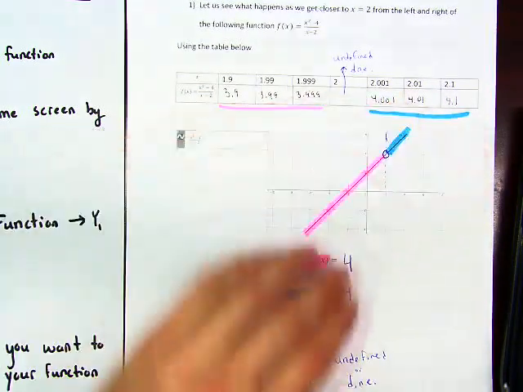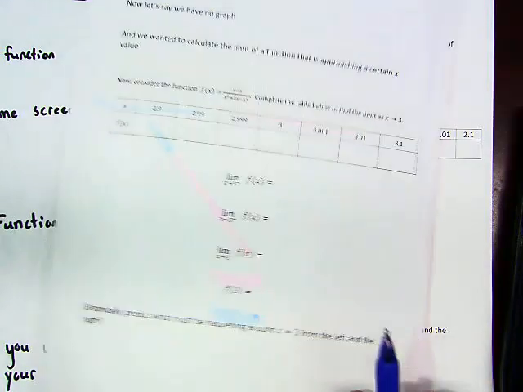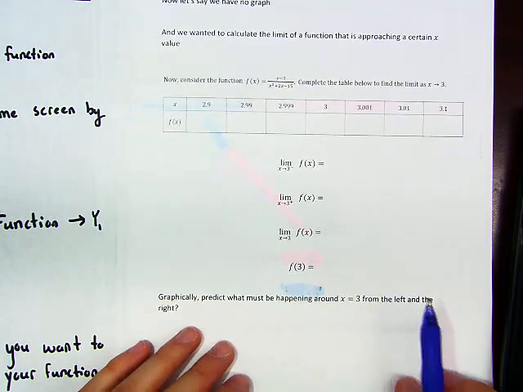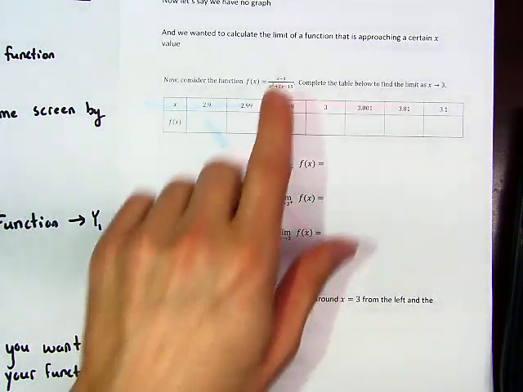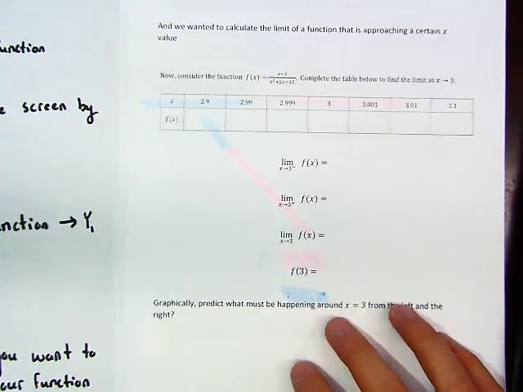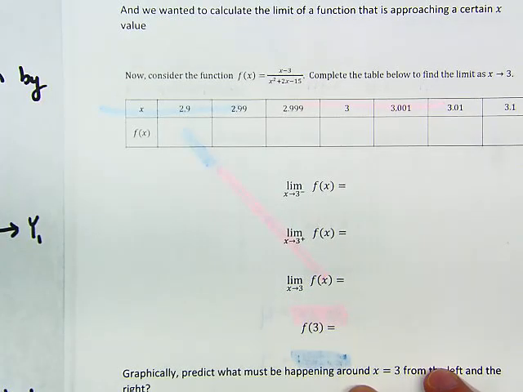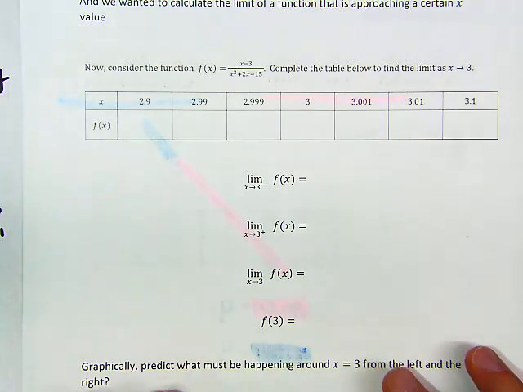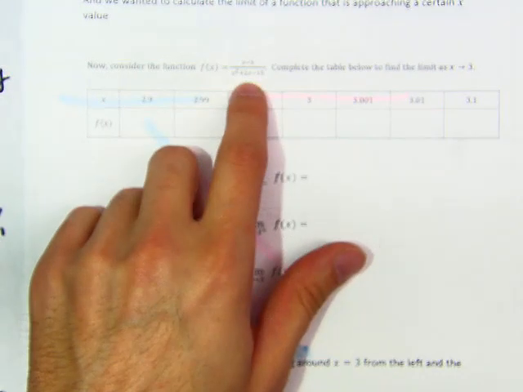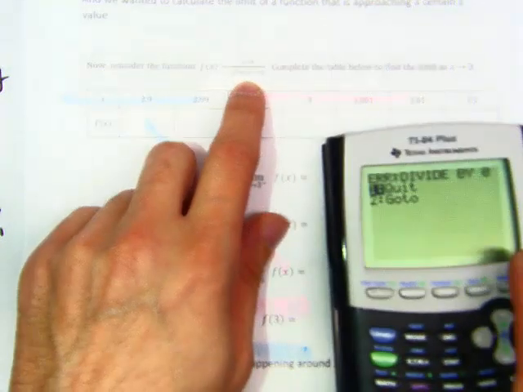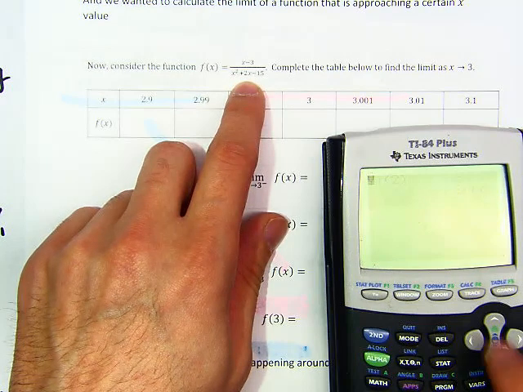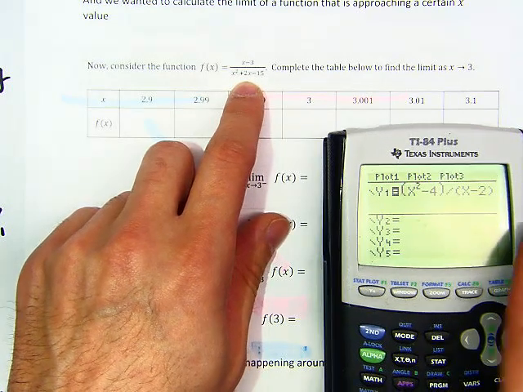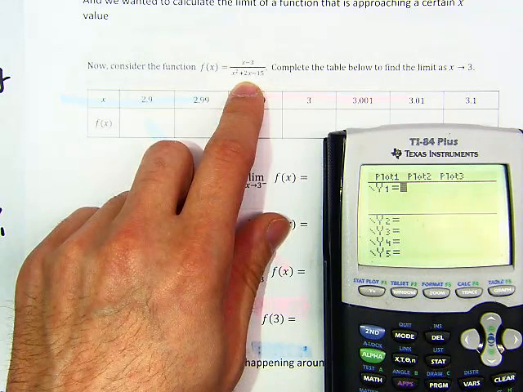What I want you to do is, let's try and do the next one together, okay? For this one, let's plug this function in, this x minus 3 over x squared plus 2x minus 15. So we're going to go to our y1 equals, we're going to erase this, right?